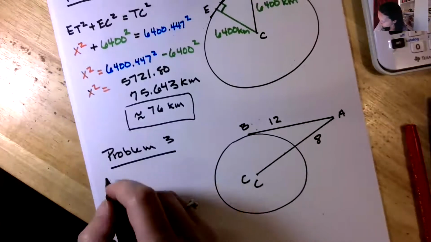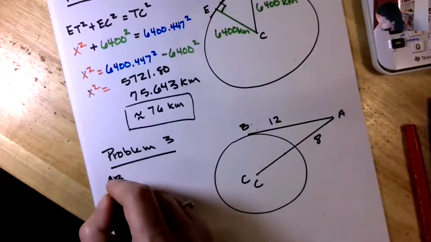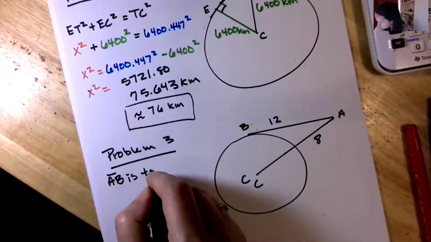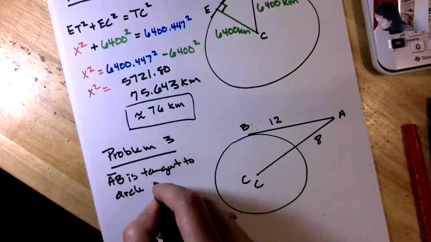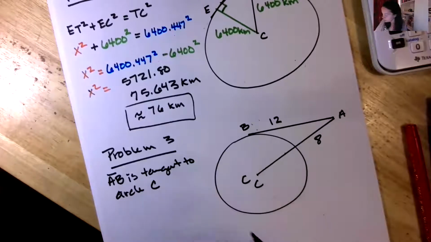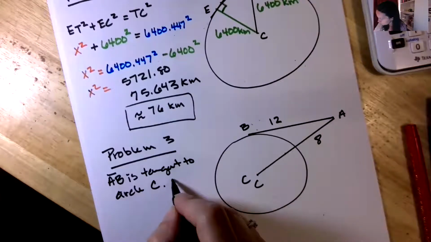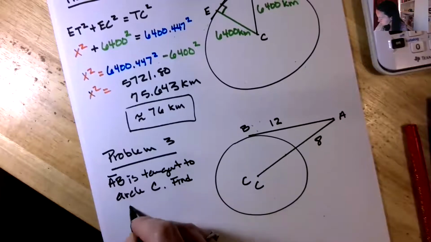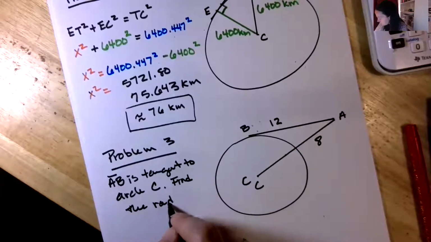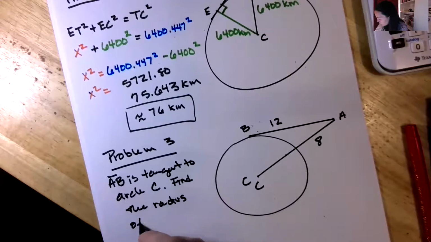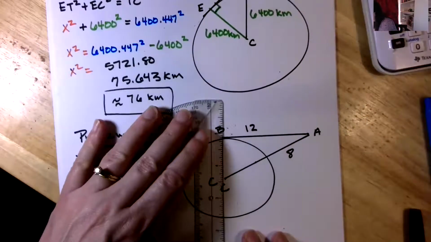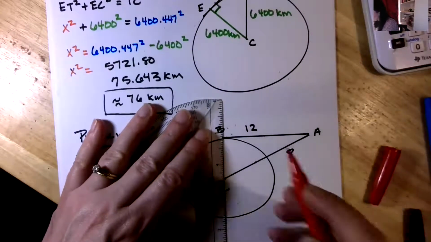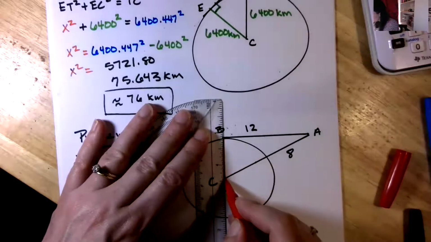So AB is tangent to circle C. Find the radius of circle C. Okay, well, the first thing I'm going to do is I'm going to draw in this radius.